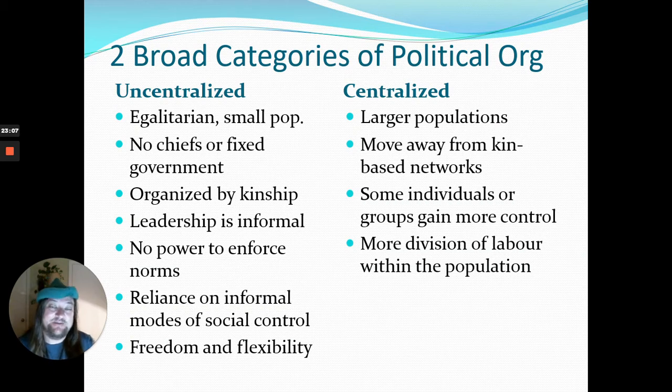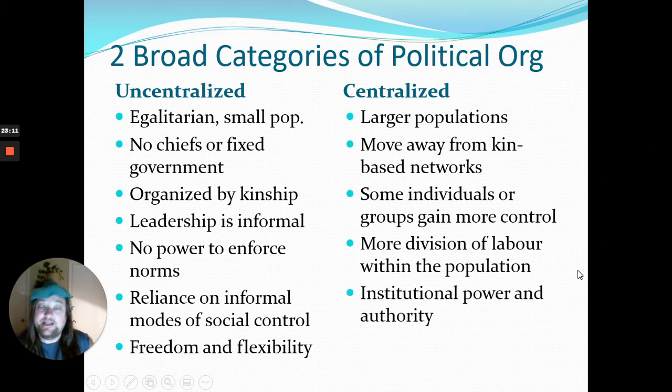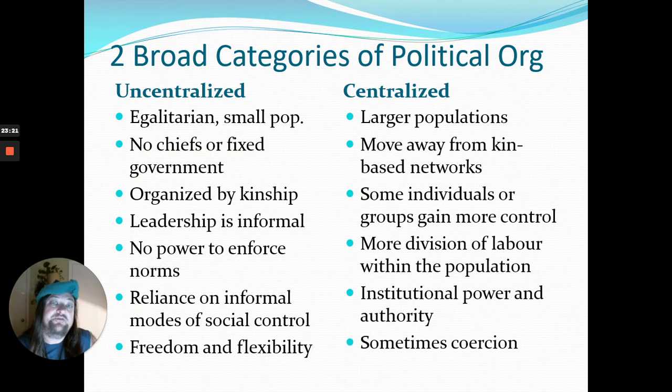Sorry, I'm a bit jaded about humanity sometimes. So you start to see that develop, and then you start to have this kind of institutional power and authority that is centralized, right? And sometimes there's a use of coercion or force to get people to go along with what those leaders want to do.